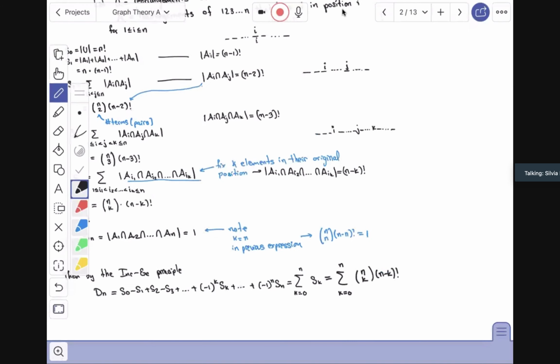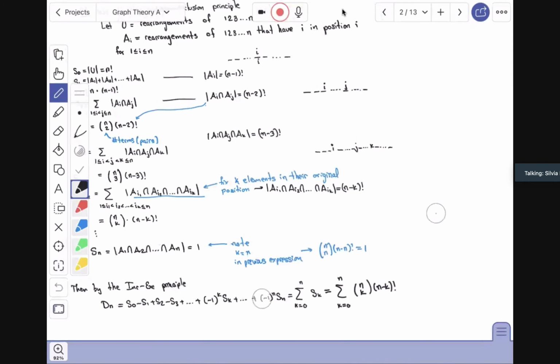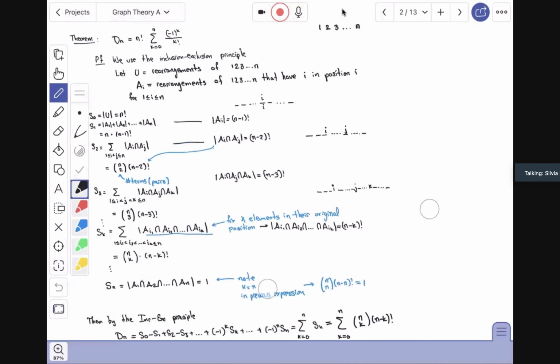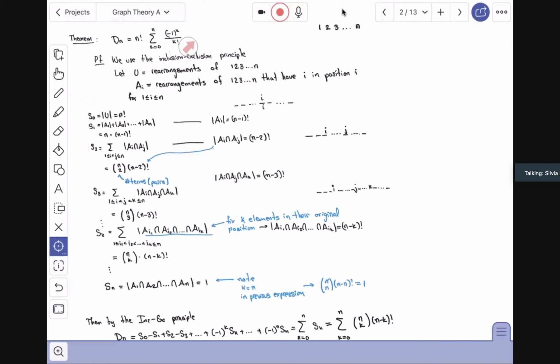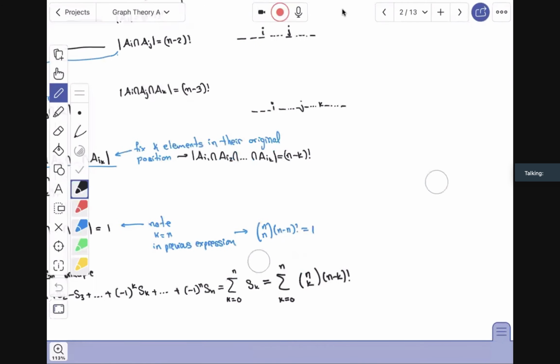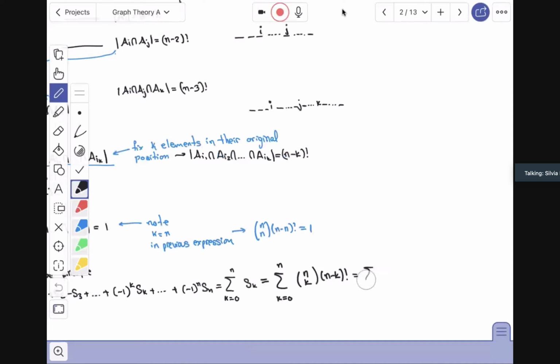And just looking back at what we wanted to prove, it looks like this. There's no binomial here. So to reduce it to that form, I'm going to expand my binomial: sum from k equals 0 to n of n factorial over k factorial times n minus k factorial.